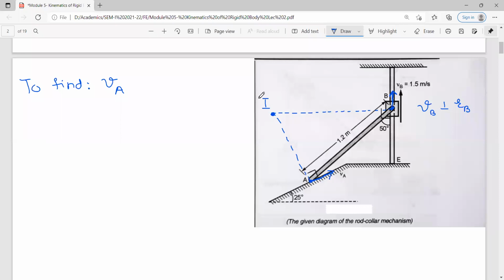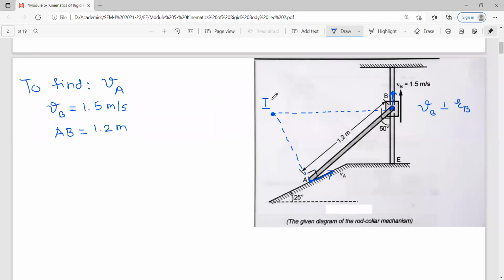Once you locate the ICR, you should note what else is given to us: the velocity of point B is 1.5 meter per second, and the length AB is also given. The distance between points A and B is 1.2 meter.